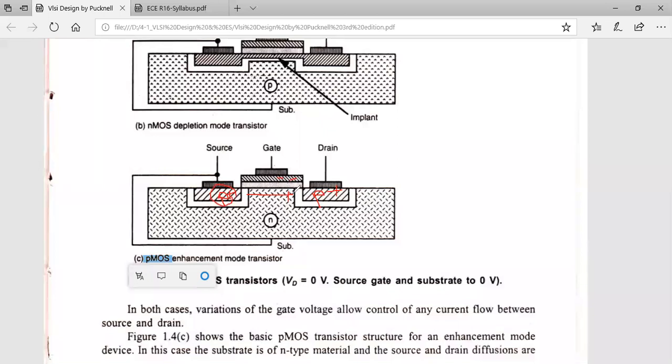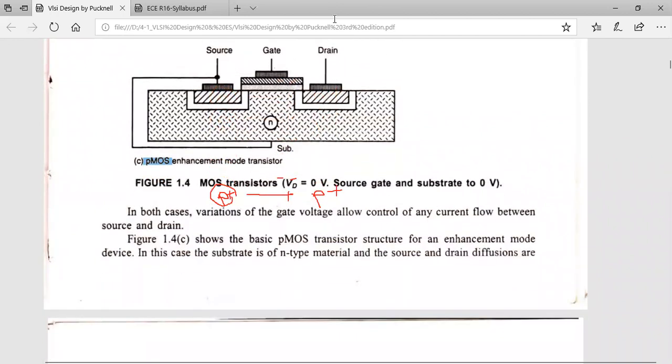The source is P plus and the drain is also P plus. The holes which are present in the source of the PMOS enhancement mode start moving towards the drain. If I further increase this, there will be pinch off at the drain. That is the operation of the enhancement mode and the depletion mode transistors of PMOS and NMOS types, right?